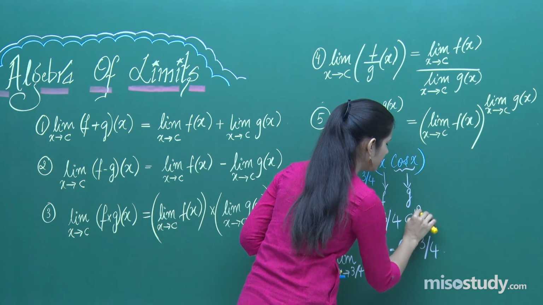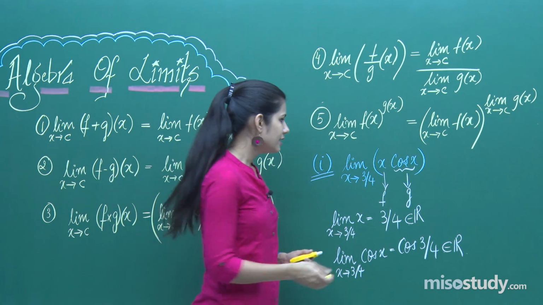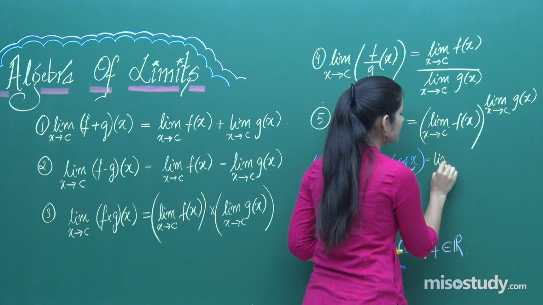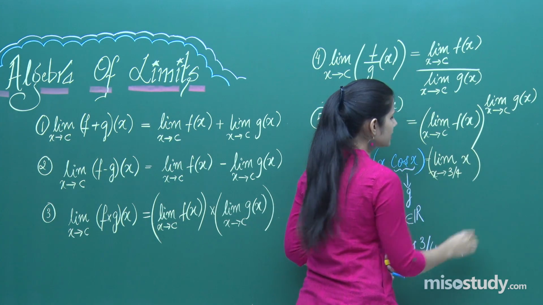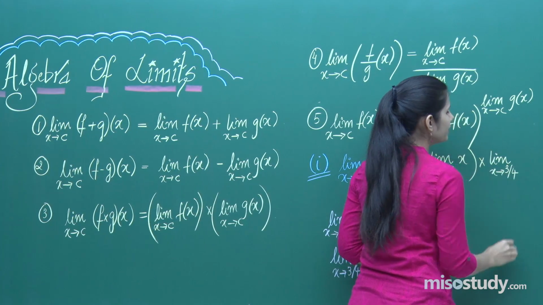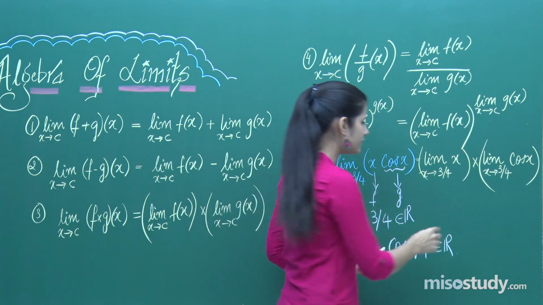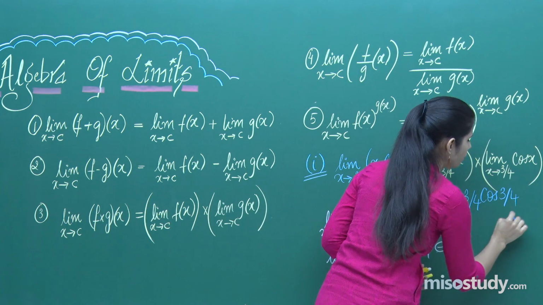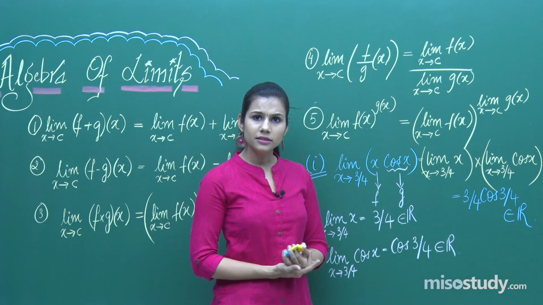This is a real number, this is a real number, and therefore by the property that we have done, we know that limit at 3 by 4 of f(x) into g(x) is nothing but limit as x goes to 3 by 4 of f(x) multiplied by limit as x goes to 3 by 4 of g(x), right? Which gives you nothing but 3 by 4 cos 3 by 4, which is definitely a real number. That is what we have done, isn't it?